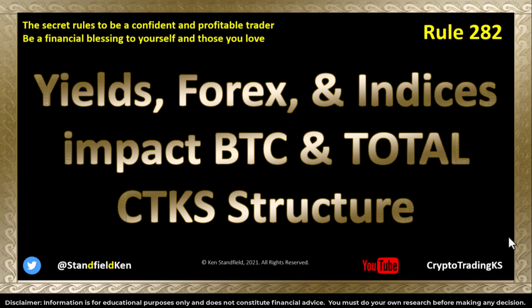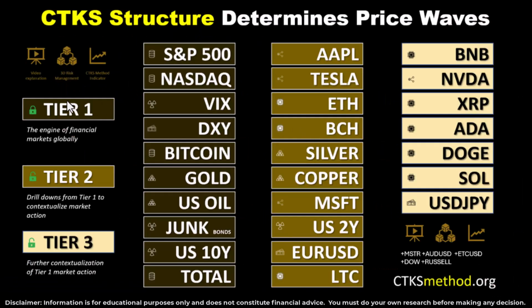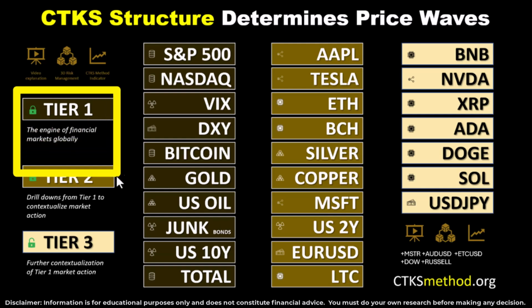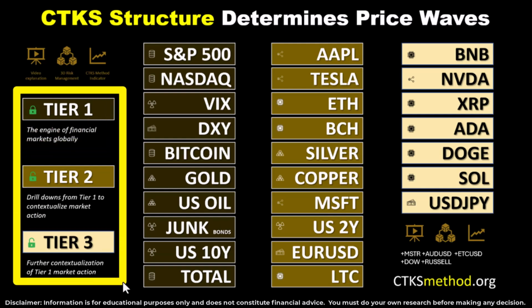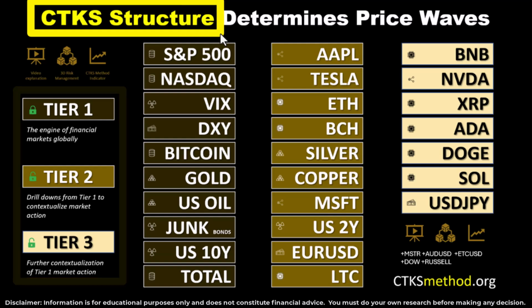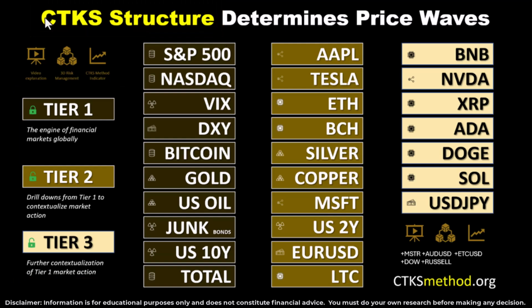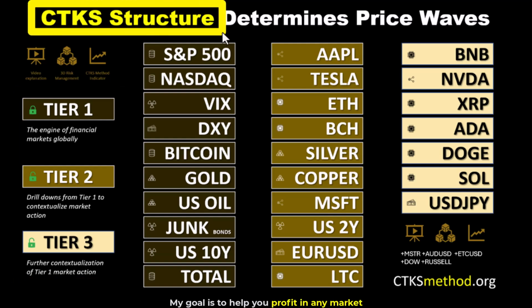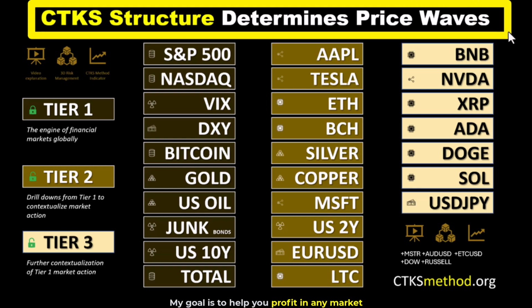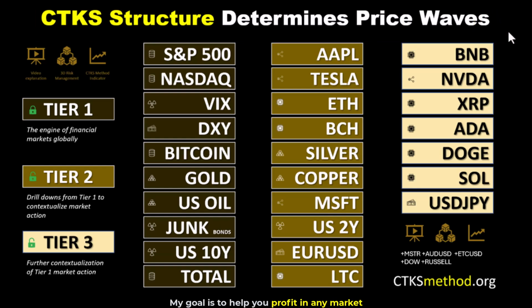Now, what does this mean? The first thing that it means, you must be aware of the Tier 1, Tier 2, and Tier 3 charts in terms of their CTKS structural levels. CTKS structure is the most statistically significant structural support and resistance in existence.